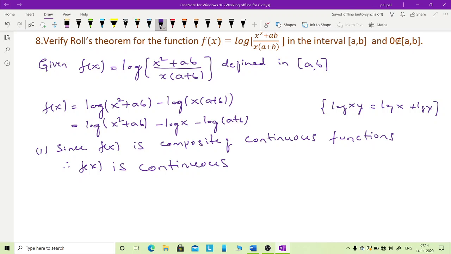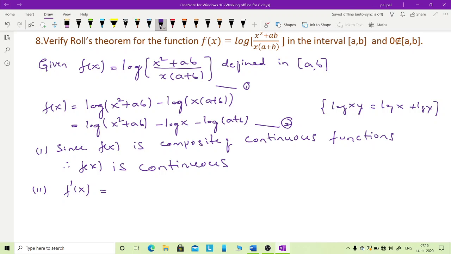So the second one, differentiability. To check the differentiability condition, first take its differentiation. So f dash of x is equal to the differentiation of log of... don't try to differentiate the original form. If you differentiate that, take this as the first one and this as the second one. Differentiate the second one, so it is a little bit easy.